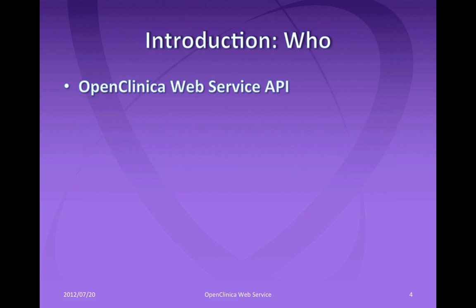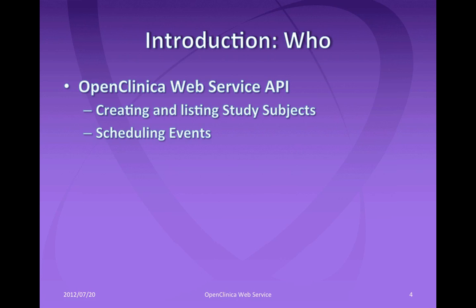Any technically savvy user can use OpenClinica Web Services to access functionality and exchange data with the system. With the OpenClinica Web Services API, you can perform tasks such as creating or listing study subjects, scheduling events, and much more.